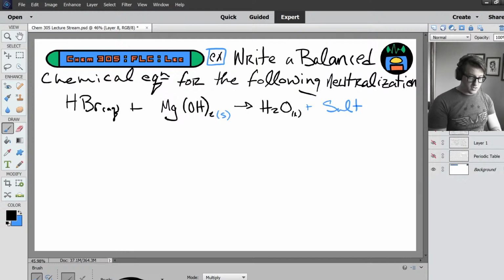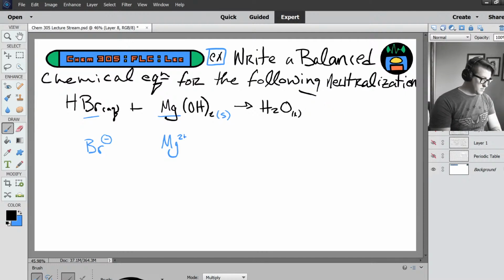Right? And we know that our salt is going to be made up of our cation, which is Mg plus 2, and our anion, which is bromide, Br minus. So bromide has a charge of -1, magnesium has a charge of +2, so these come together in a 1-to-2 ratio.